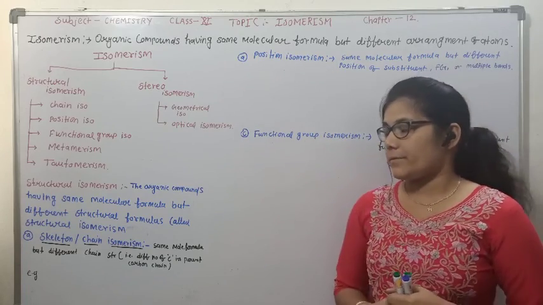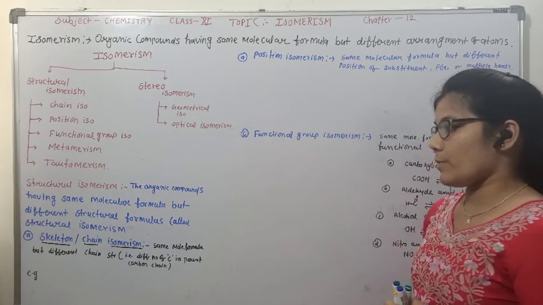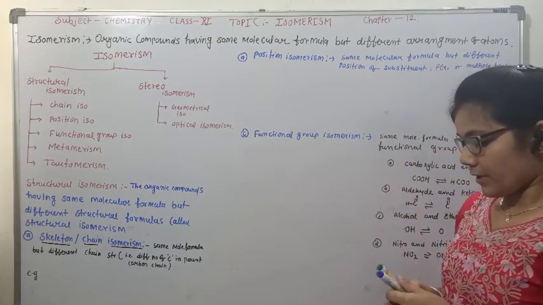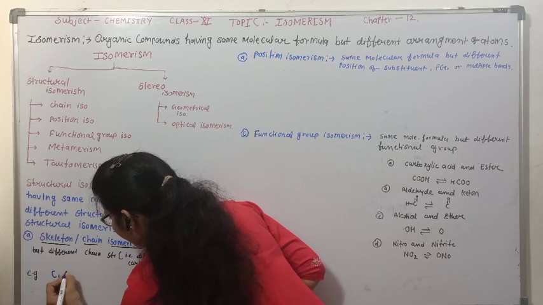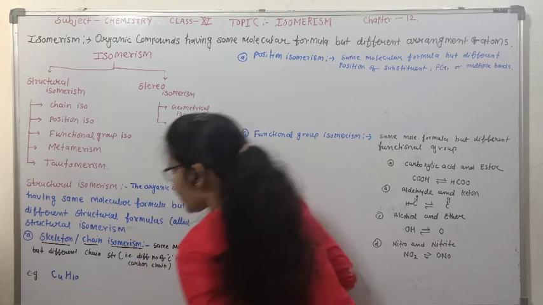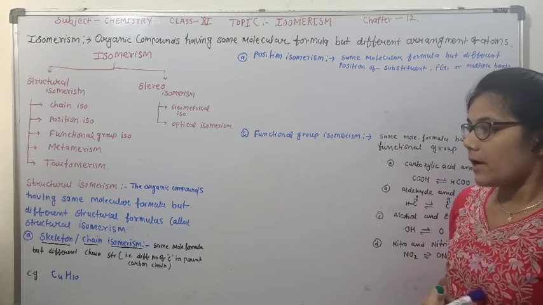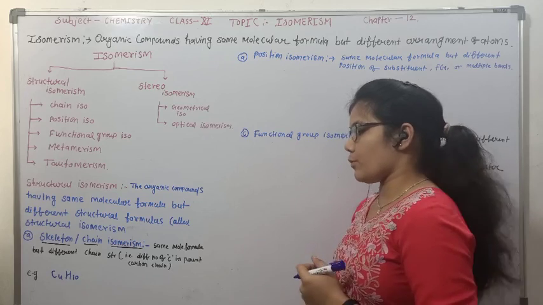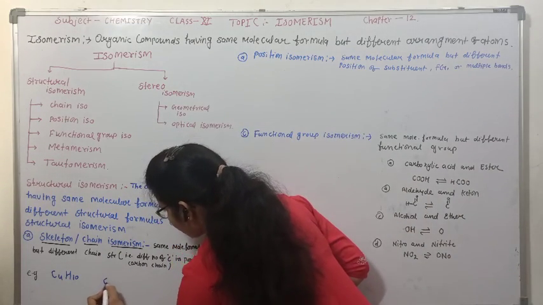Structural isomerism, first point is chain or skeleton isomerism. Suppose the compound has the molecular formula C4H10. This molecular formula is given to us, and we are discussing isomerism in this formula. So let's draw the structure of this compound.